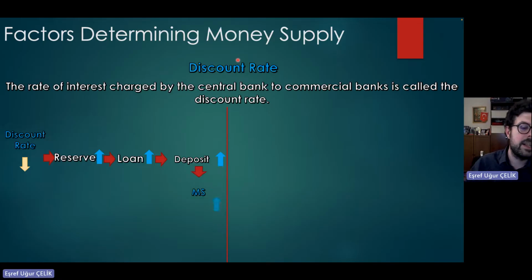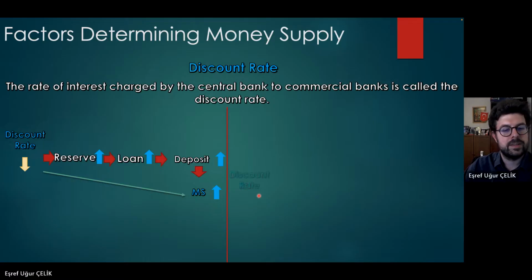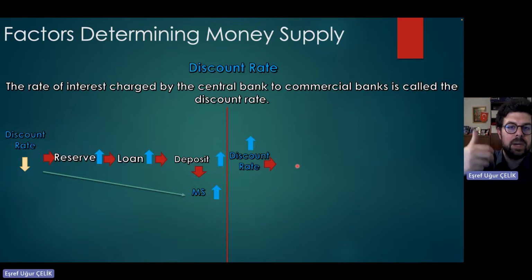Okay, but there is a negative relationship. When the discount rate is lower, that can achieve an increase in money supply. When the discount rate becomes higher, the cost of borrowing for banks becomes higher.